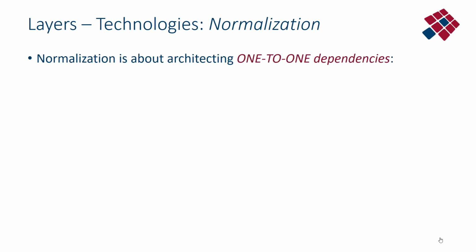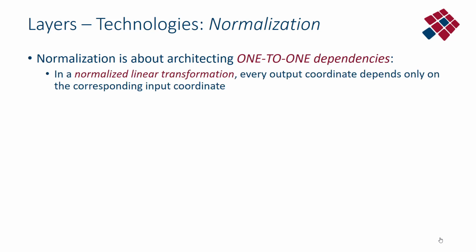A normalization is about architecting one-to-one dependencies, and that's what we want to avoid complexity and ripple effects. Now, the term is widely used. It is in the normalization of a linear transformation. Everyone knows that we strive for a diagonal matrix in order that every output coordinate only depends on the corresponding input coordinate.